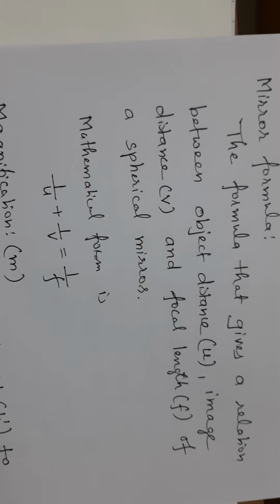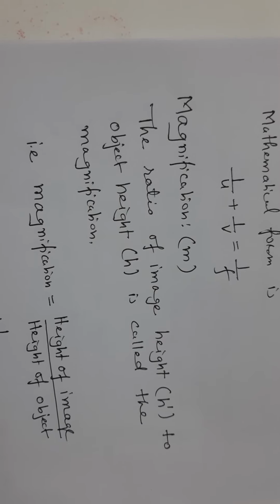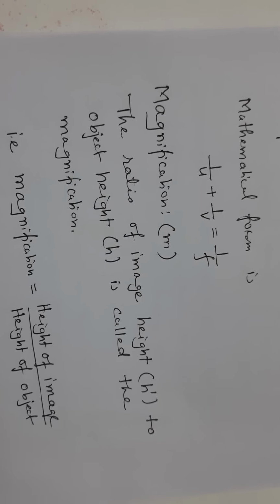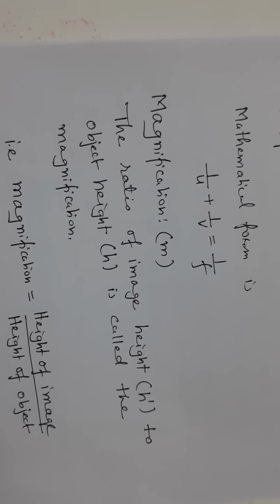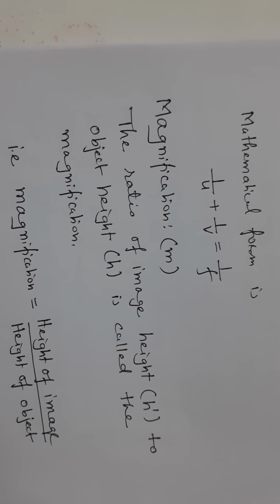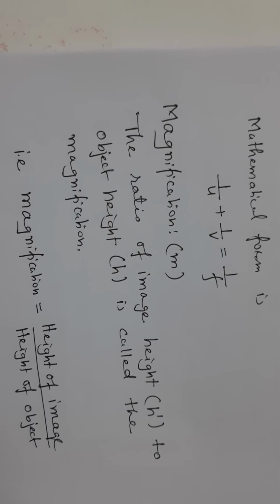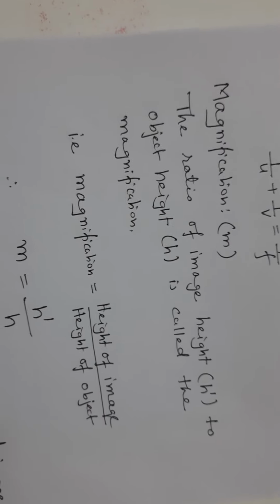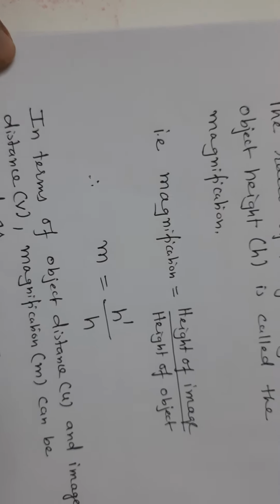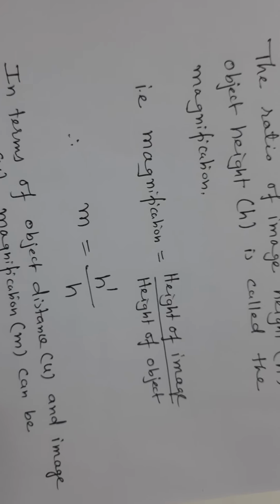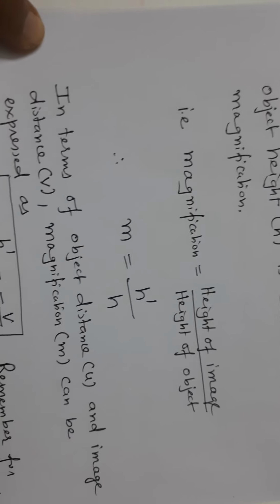So what is magnification? Do remember the mirror formula, we will be dealing with some numericals related to it. Magnification, the ratio of image height h dash to the object height h, is called the magnification. That is, magnification is height of image upon height of object, m is equal to h dash upon h.